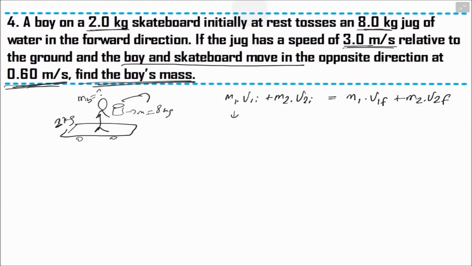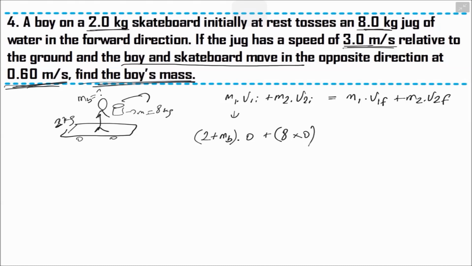So m1 will be 2 plus mass of the boy, times v1 initial. It says they are at rest, so it will be 0, plus m2, the mass of the jug, which is 8, times v2 initial. Initially the guy is holding the jug, so if the guy is at rest initially, the jug will be at rest initially also.